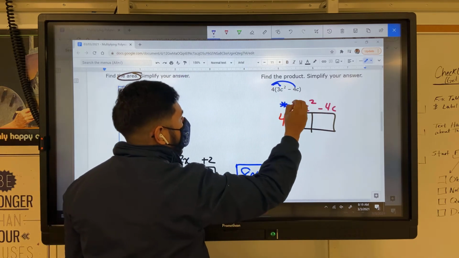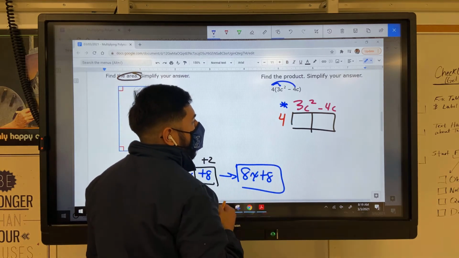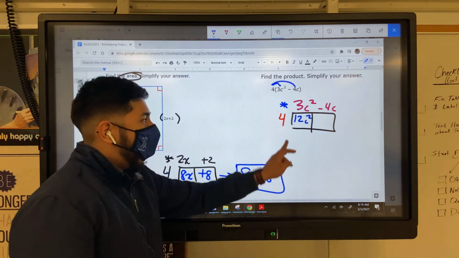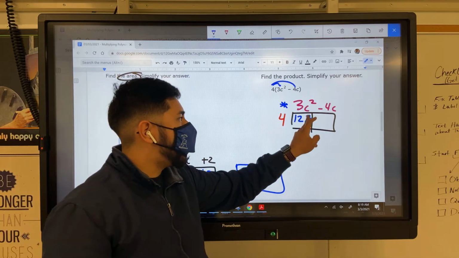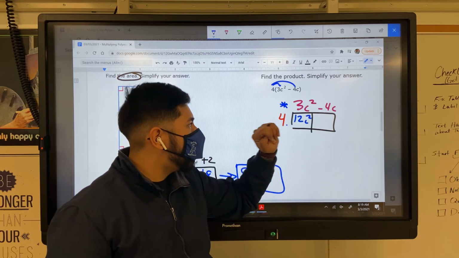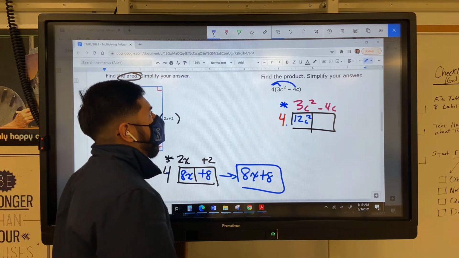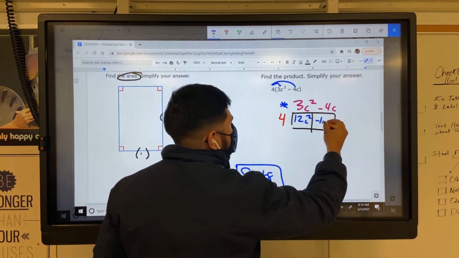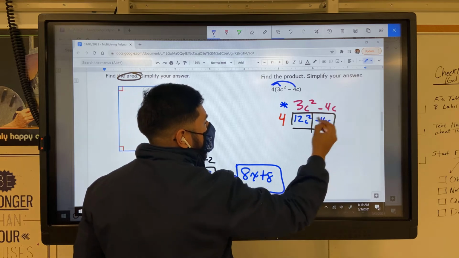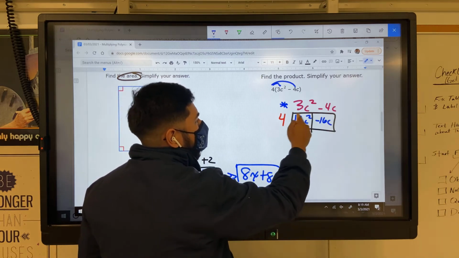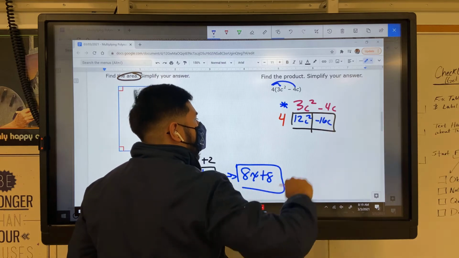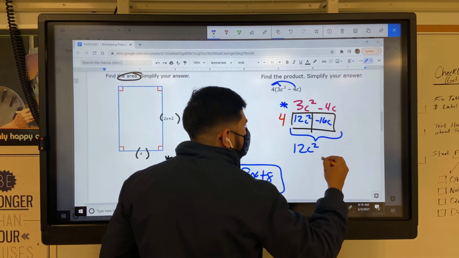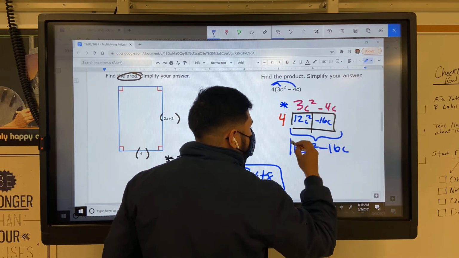And we multiply. 4 times 3 is 12. There's a c squared, so we bring down that c squared. Obviously, if the 4 had a c, we would make that c cubed because 1c plus the 2c's gives me 3c, but we're okay right now. Then we got 4 times negative 4, negative 16. It has a c, so we bring down the c. If this one had a c, it'd be 1 plus 1, which is c squared. But right here, we're good to go. That's my answer, 12c squared minus 16c.